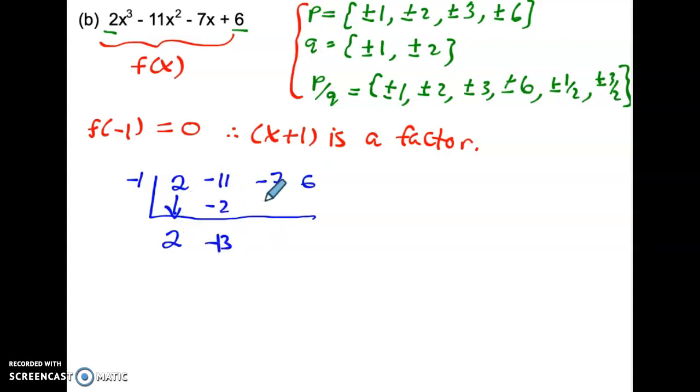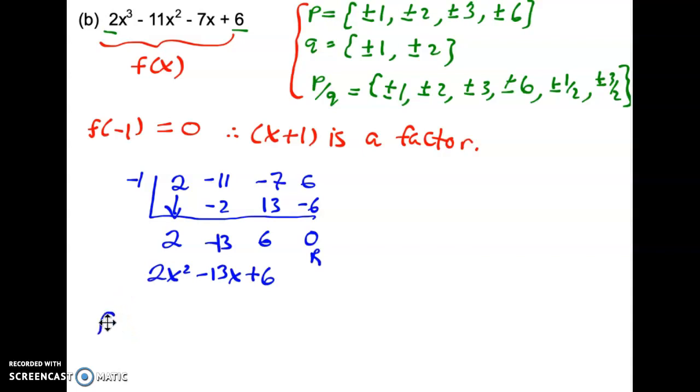Add down, multiply up, add down, multiply up, add down. And you should always end up with that remainder of 0. And the quotient here would be 2x squared minus 13x plus 6.